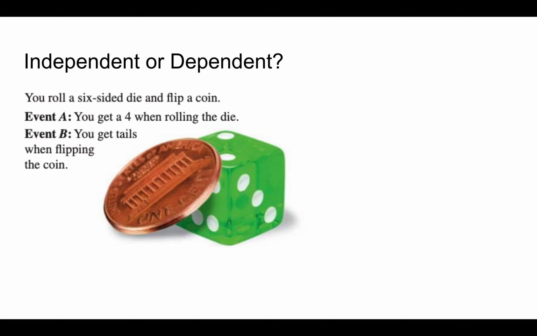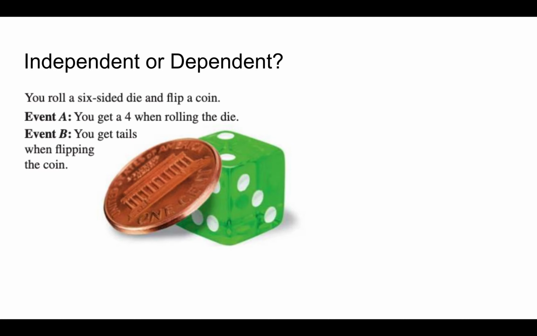Independent or dependent, again, so we're deciding for this new situation. It says you roll a six-sided die and flip a coin. Event A is you get a 4 when rolling the die. Event B, you get tails when flipping the coin. Now, admittedly, the tip I gave about replacement doesn't really apply here, but what you're thinking about is, does what happens in the first event affect how the other one will go?